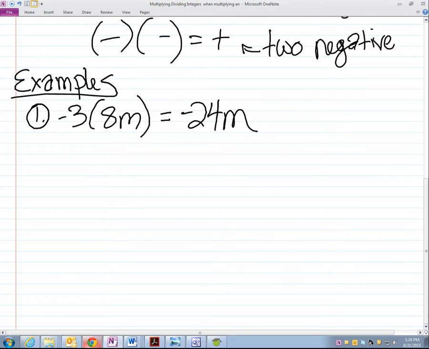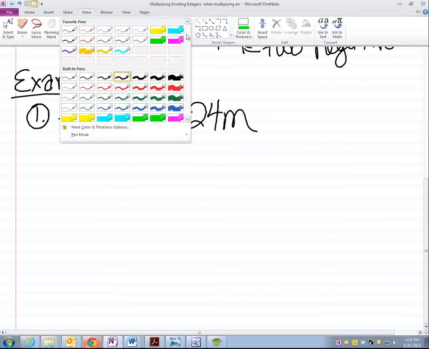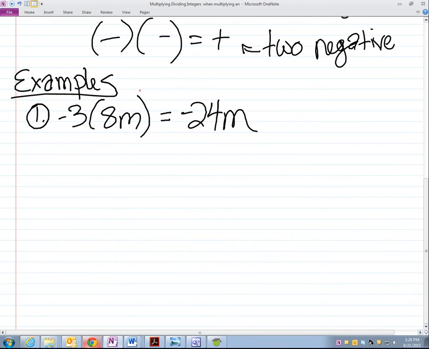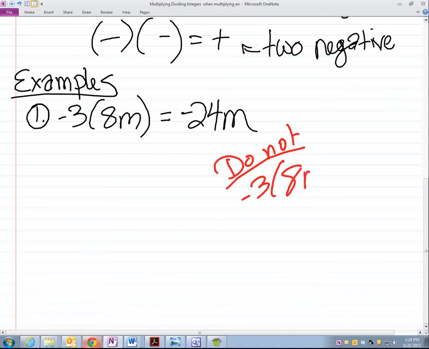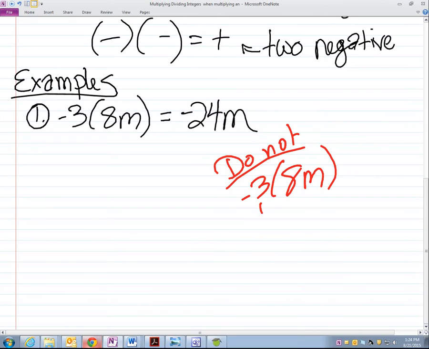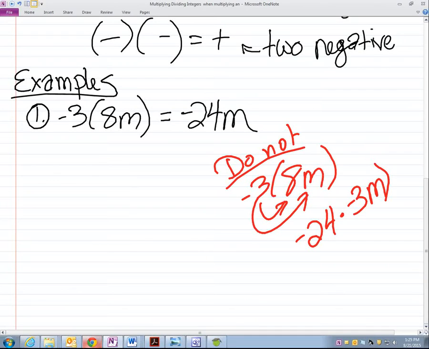Now don't be confused with overusing the distributive property. This is just for you to hear and not write. Don't separate those out. It doesn't work like that.